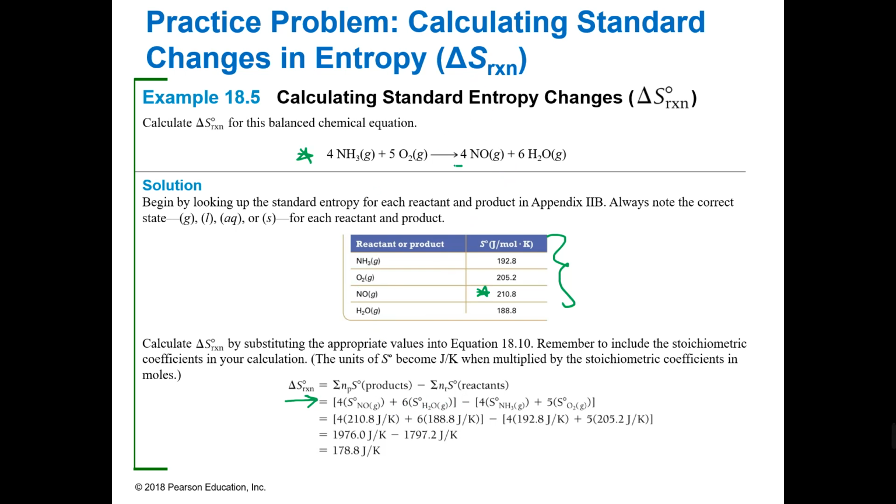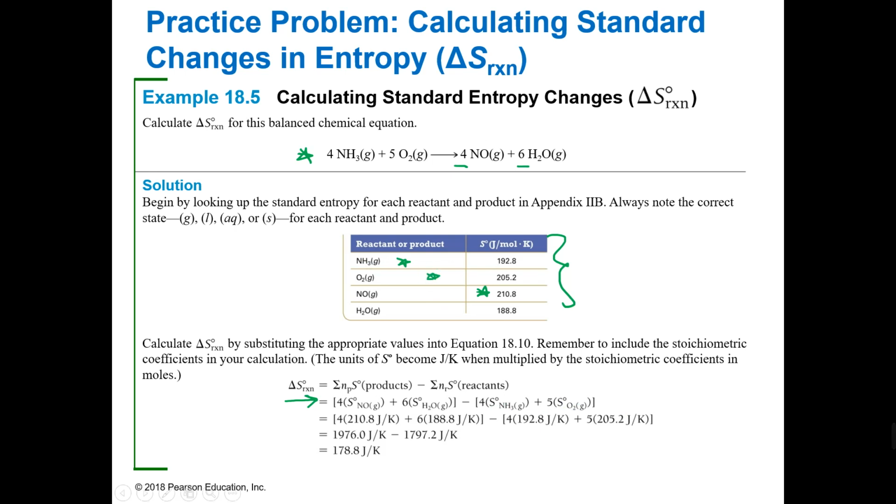And again, this 4 and this 6 are coming from the balanced chemical reaction. And I would just simply add them together as my products and subtract from it 4 times the S naught value of NH3, right there, plus 5 times the S naught value of O2, right here.